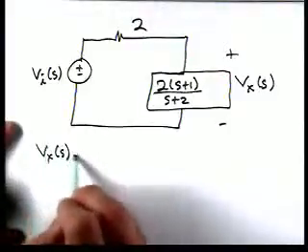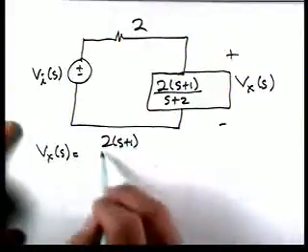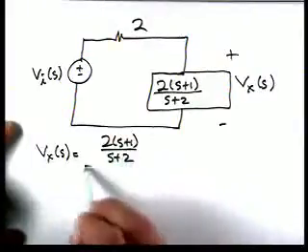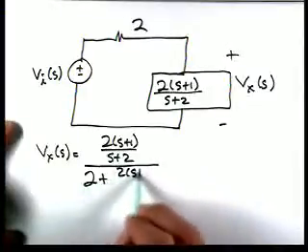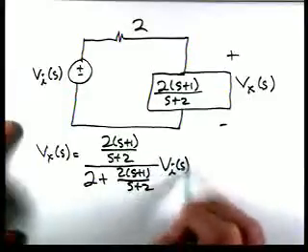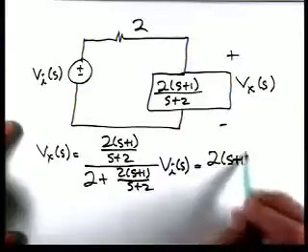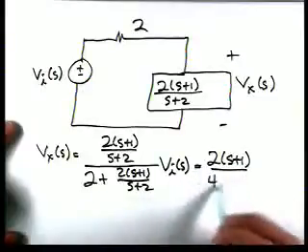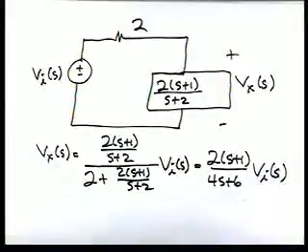So Vx then is 2 times s plus 1 over s plus 2 divided by 2 plus 2 times s plus 1 over s plus 2 times Vi, and that's 2 times s plus 1 over 4s plus 6 times Vi. So now that gives us a relationship between Vx and Vi.